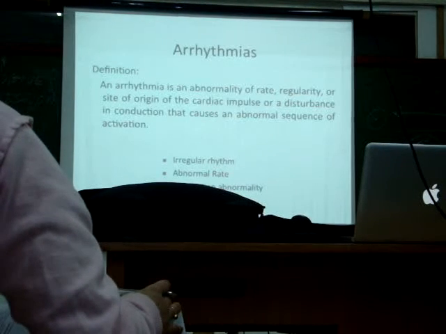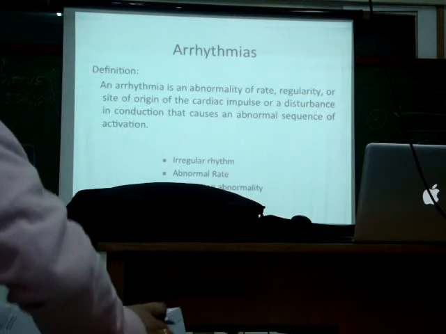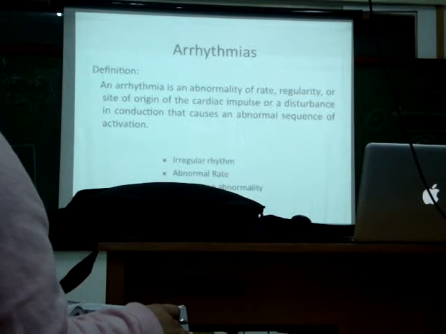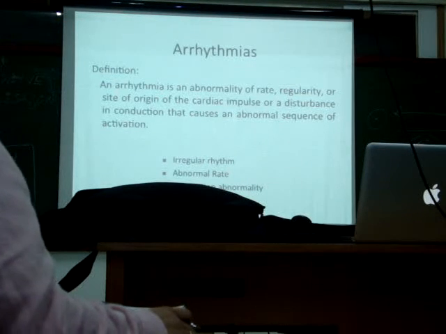So remember, the normal pattern of SA node, AV node, and ventricles will no longer, or sometimes does not, occur if there is an arrhythmia. And we'll see how that happens later.